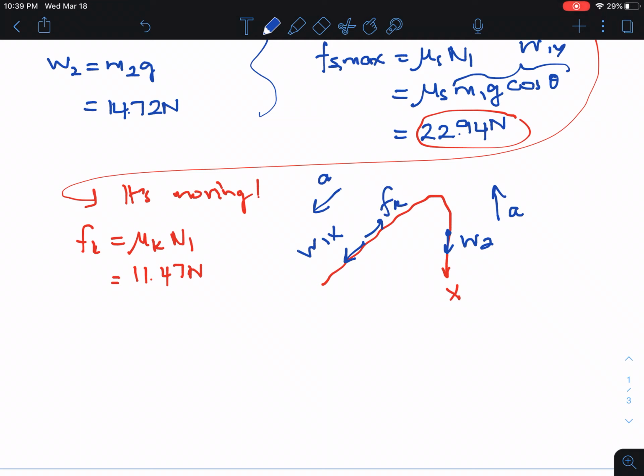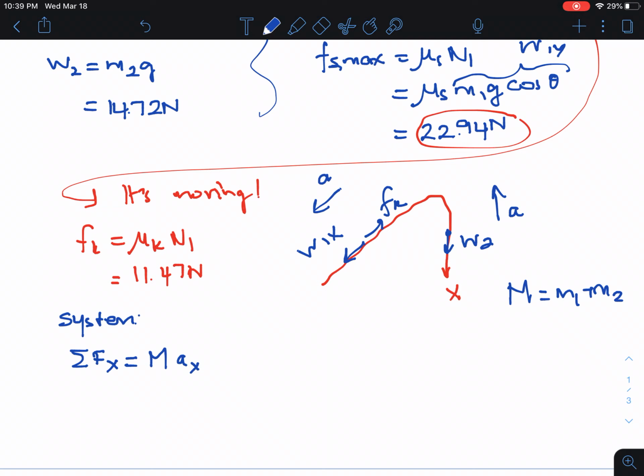So I'm going to say for the system, sum of Fx equals total mass times Ax. When you use capital M, it usually means that it is a total mass, so I'm really saying this is M1 plus M2. So what is the sum of Fx?